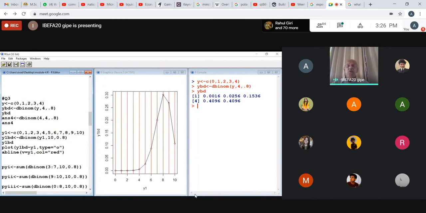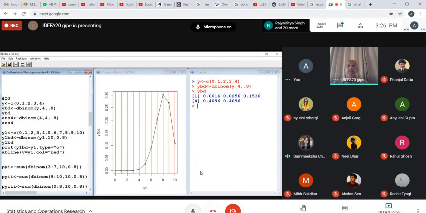So 0.0016 is the probability for whom? Zero. 0.0256 is the probability for whom? 1. 0.1536 is the probability for whom? It's for 2, sir. Sorry, 0.4096 is the probability for whom? For 3, sir.